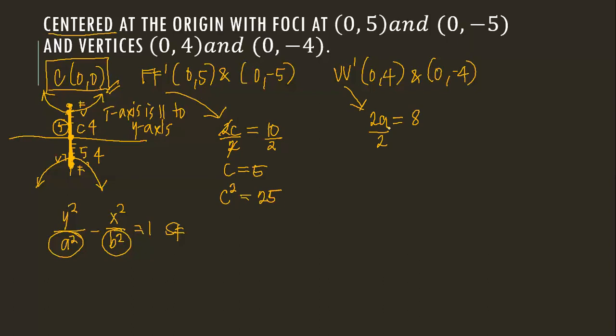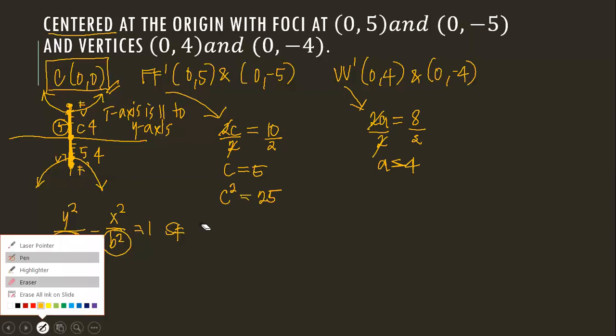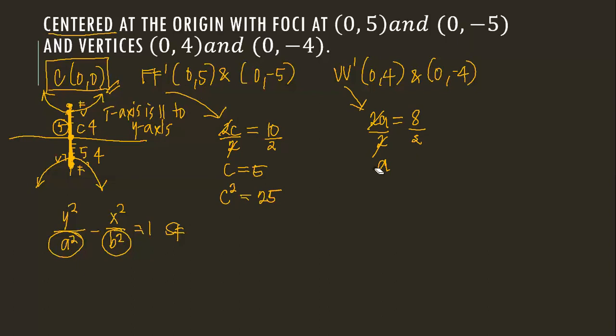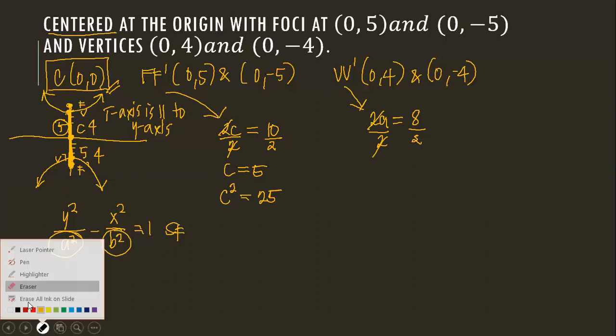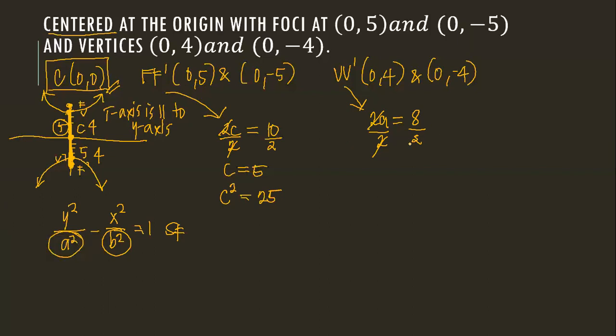Divide both sides by 2, so our a is equal to positive 4. Then a squared is equal to 16.